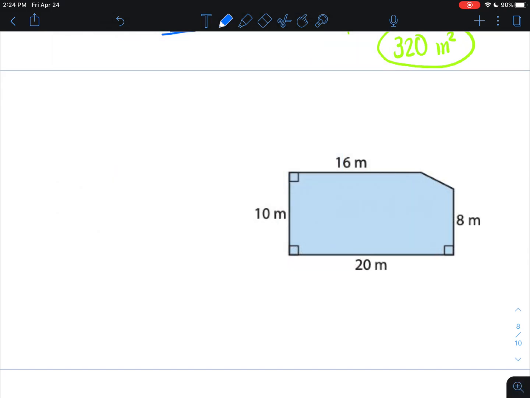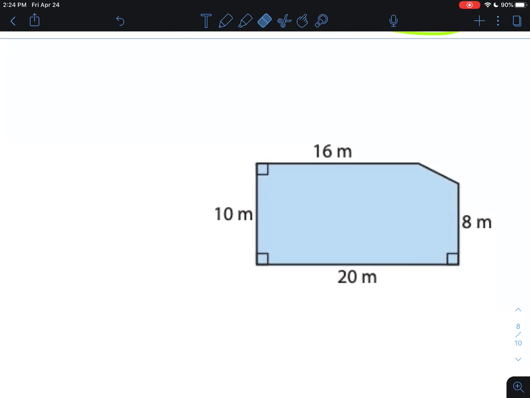So how I picture it is, you could cut it if you wanted to. You could cut it right here and have a rectangle and then a trapezoid. But who in the world wants to find the area of a trapezoid? Not me. It's the longest formula. So I'm going to use the subtract method.